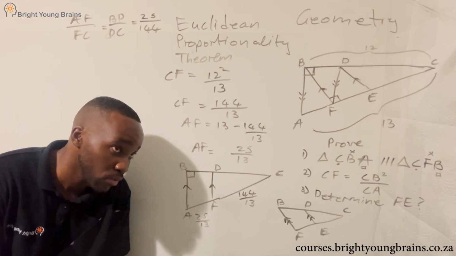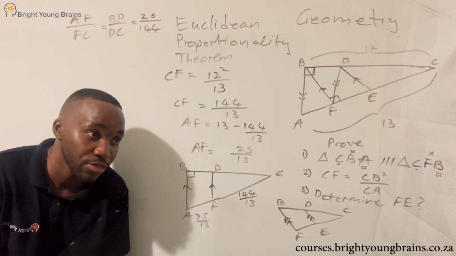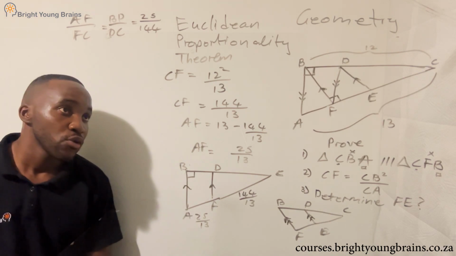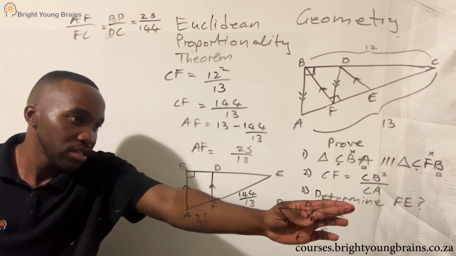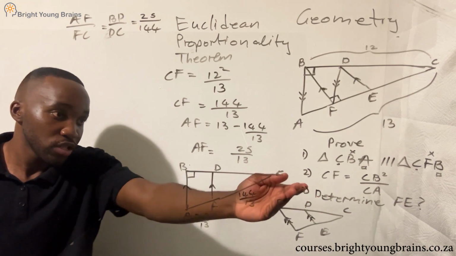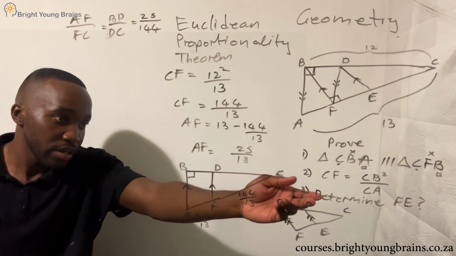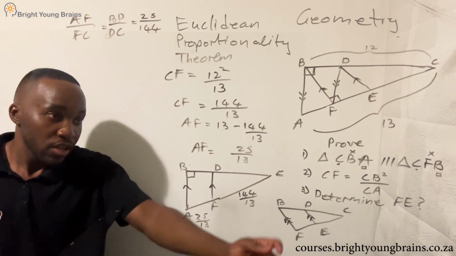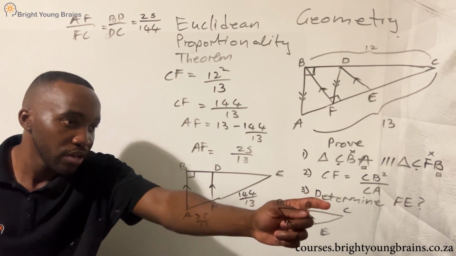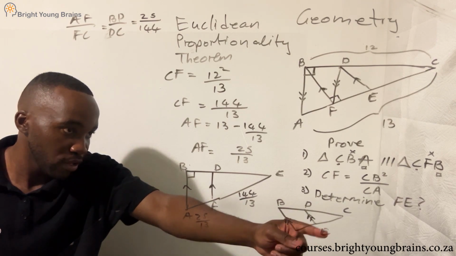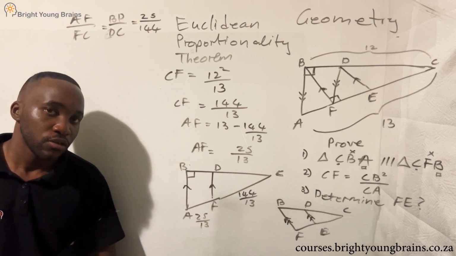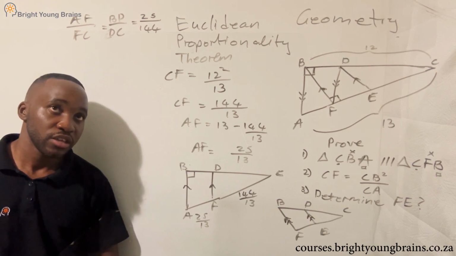Now you need to keep in mind that they asked for FE, which is them asking for the actual length of FE. So what we now know is FE and EC are basically divided using the ratio of BD and DC over there. The same ratio that we have for BD and DC is the same ratio that you have for FE and EC over there because of the proportionality theorem.